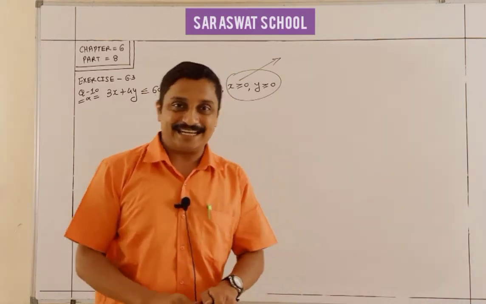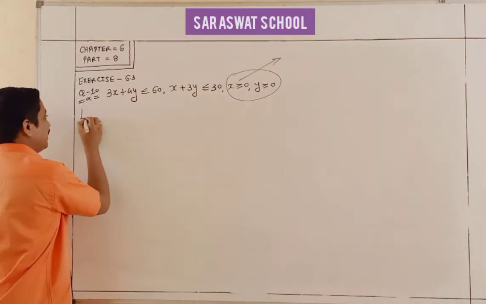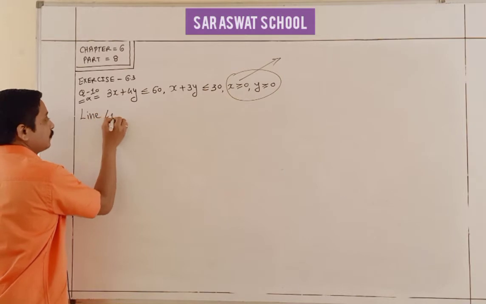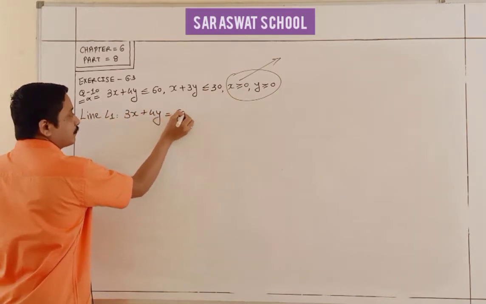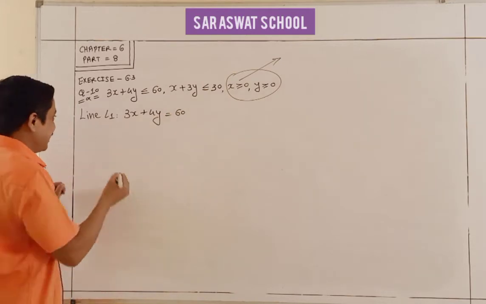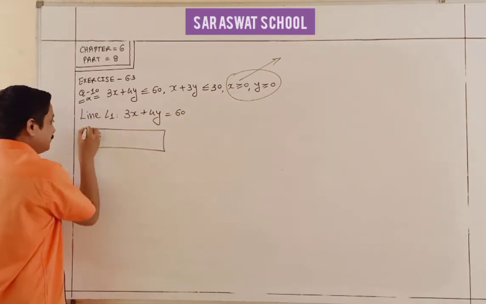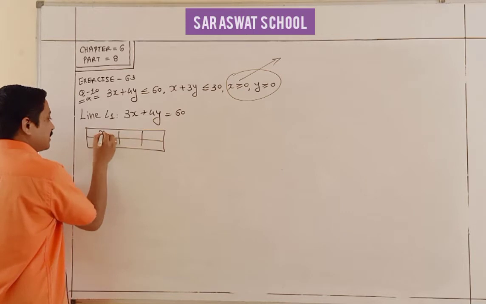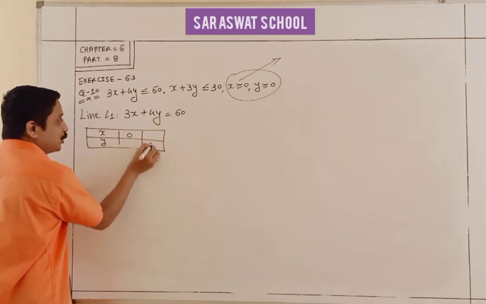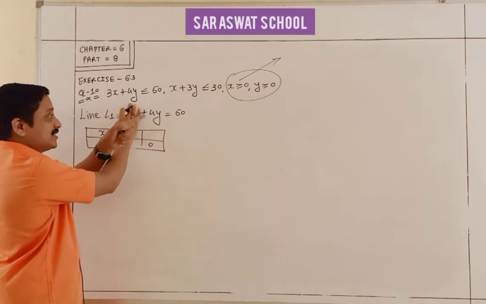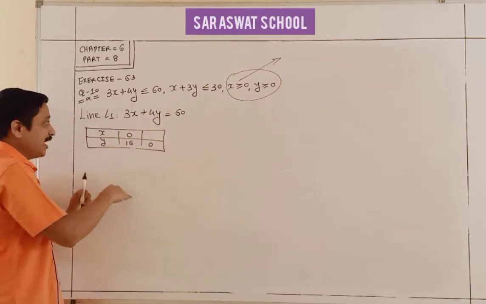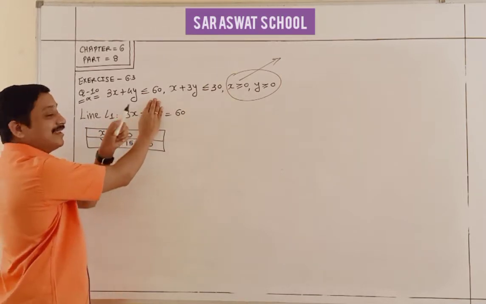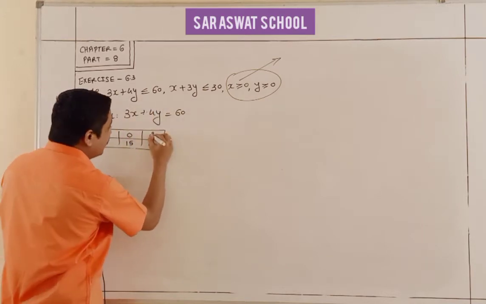I start. So students, first of all taking the line L1, which is 3x plus 4y is equal to 60, and plot the table. Respectively x and y. One time x is 0, y is 60 by 4, yes, 15. And if y is 0, 60 by 3, it is 20.